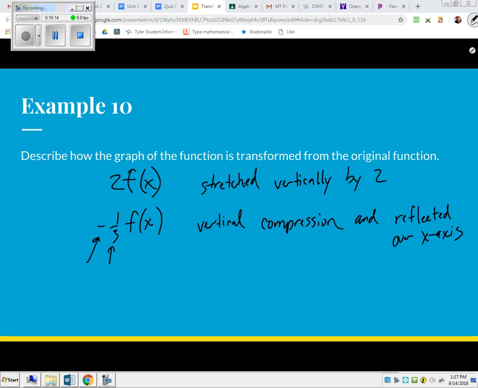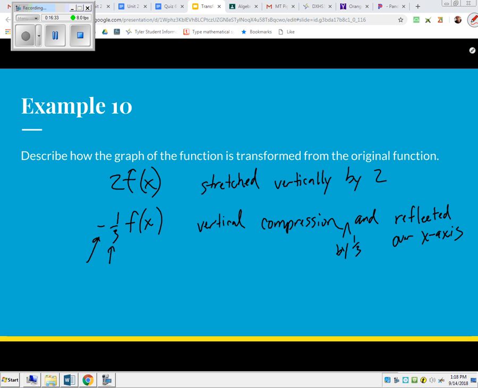I'm more interested in just saying vertical compression right now, because I'm really not even going to grade the 1/3, but yes, vertical compression by 1/3. So it's going to be 1/3 as tall, but I'm really interested in seeing these words right there.